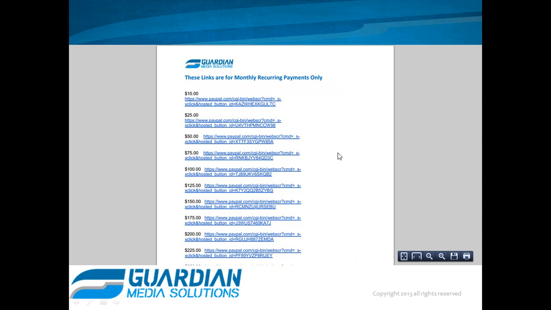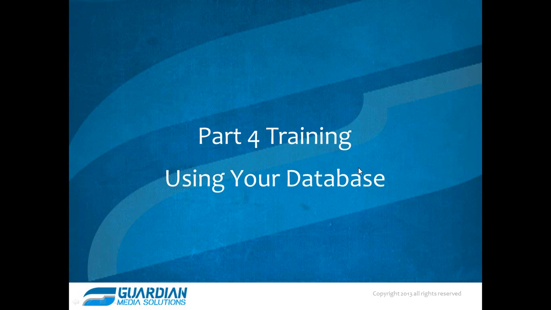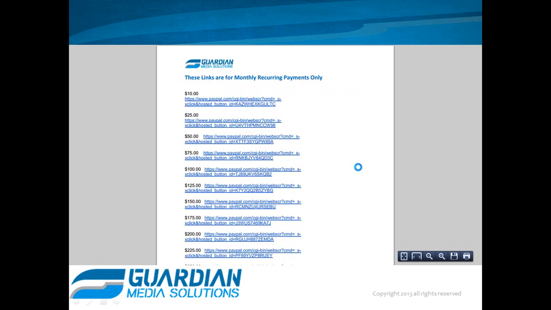This one is a copy of the emailable links for closing a sale. These you can see here have values of $10, and they range, let's go backwards on that one. They range in this screen from $10 to $225.